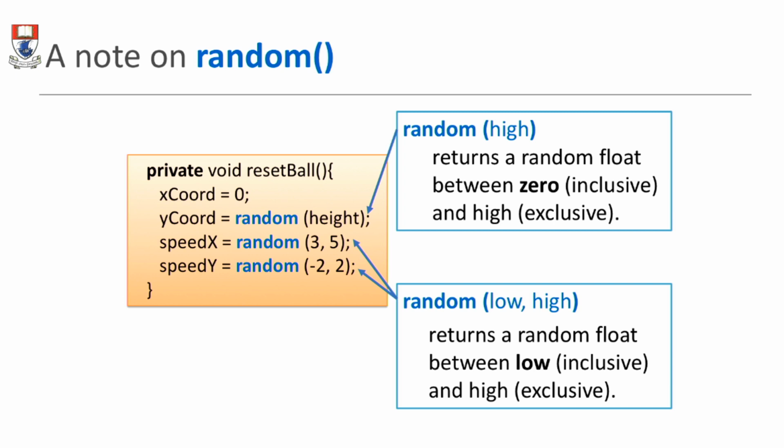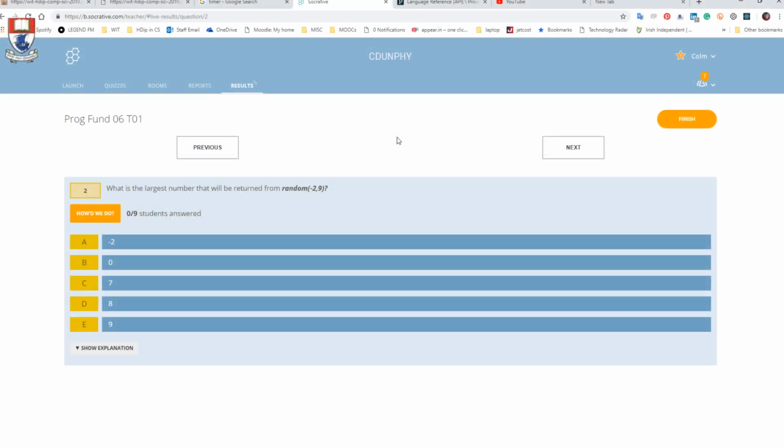Okay, let's just make sure you understand that. We're going to give you another question. So if you go to Socrative, please, and take a look at this answer. For any of you who couldn't get into the room, just mention it again.